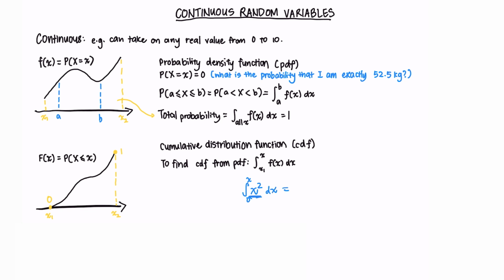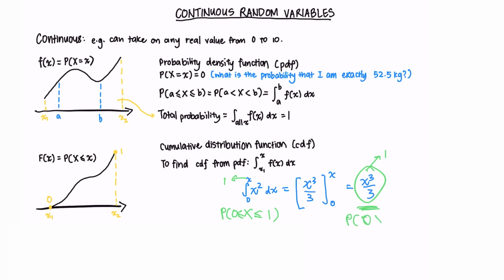If let's say your probability density function is x squared and it starts from 0, then what this will look like is x cubed over 3, evaluated from 0 to x, which if we substitute the value of x is just x cubed over 3 minus 0 cubed over 3. And this tells you, let's say you want to find the probability that x is between 0 and 1, we can see that this actually gives you this probability.